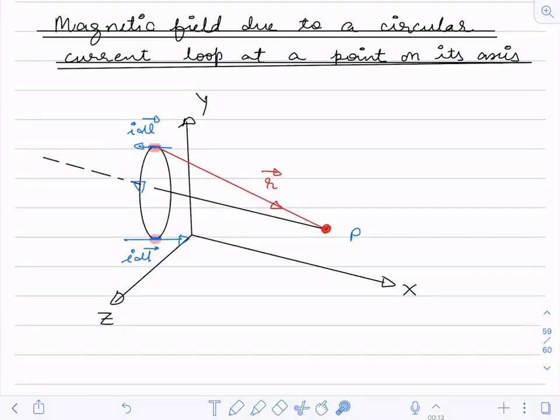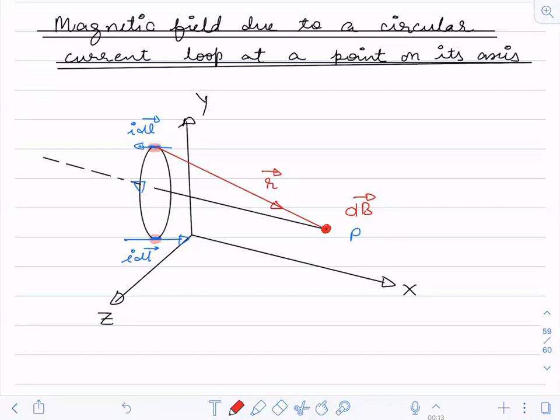Suppose the value is going to be dB vector. Its value I can write, no problem, but you have to see the direction right now. So let us understand that direction with a different figure.